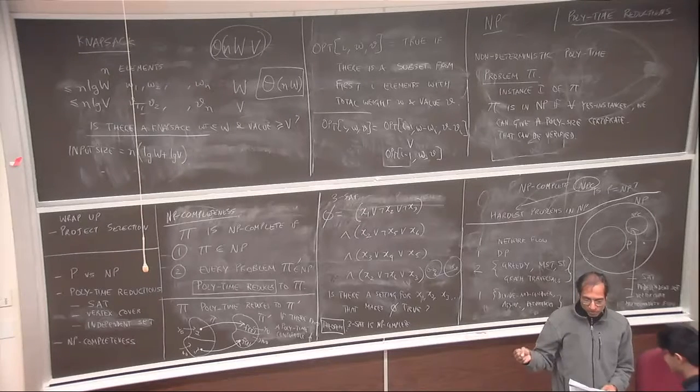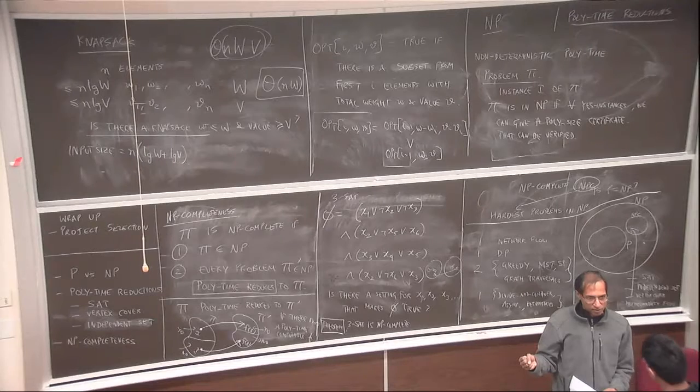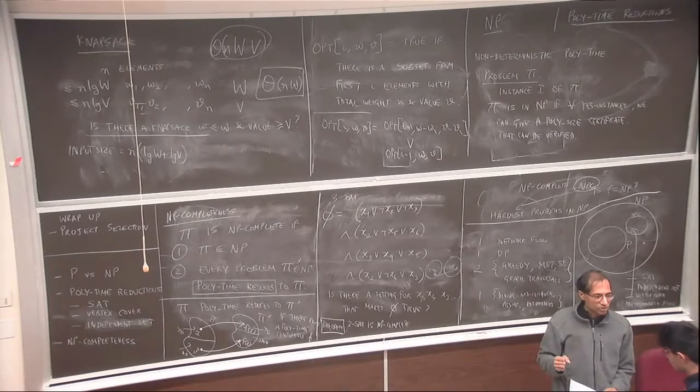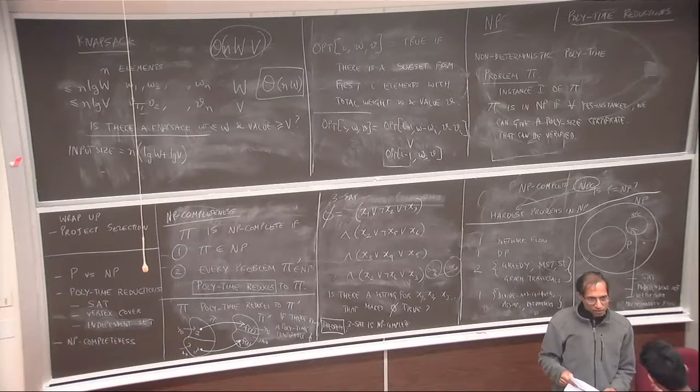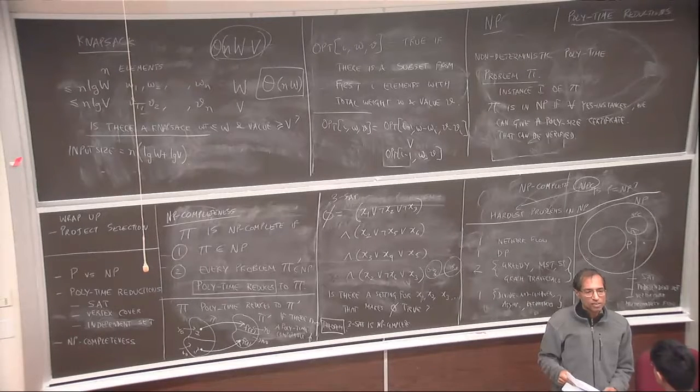That's the question. If it's the highest weight, then you remove that edge, E prime, because it forms a cycle.